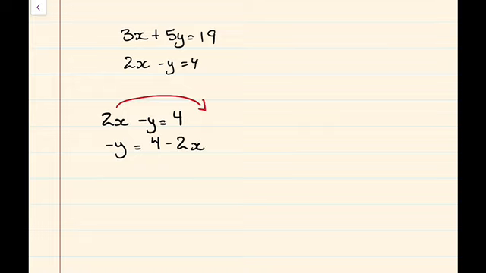Alright? And we want a positive y. So let's just multiply each side of the equation by negative 1. So negative 1 times negative y is going to be positive y. And if you multiply this side of the equation by negative 1, then we're going to have negative 4 plus 2x. And that's going to be equal to y.